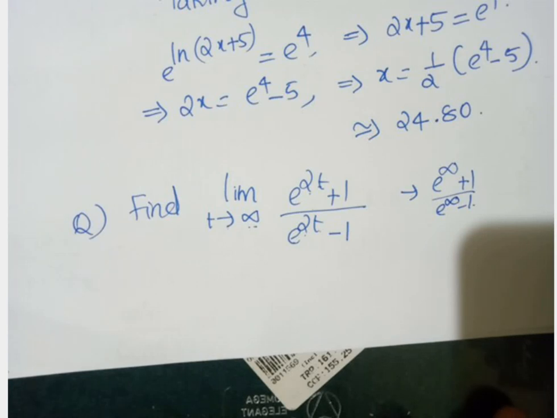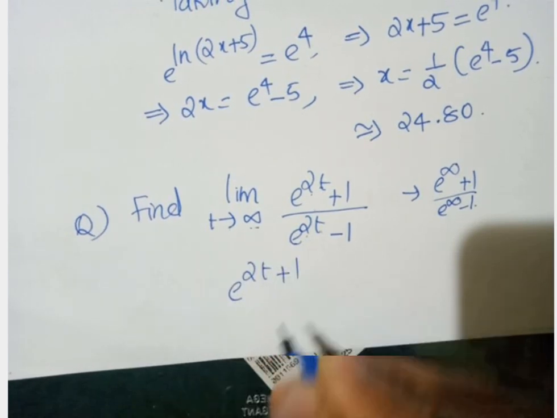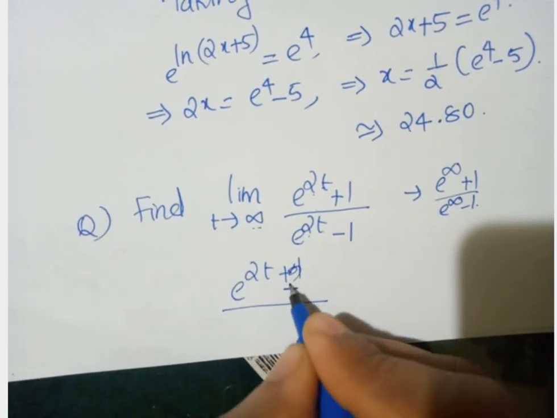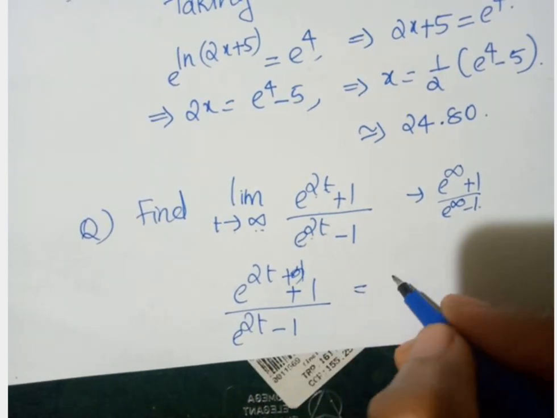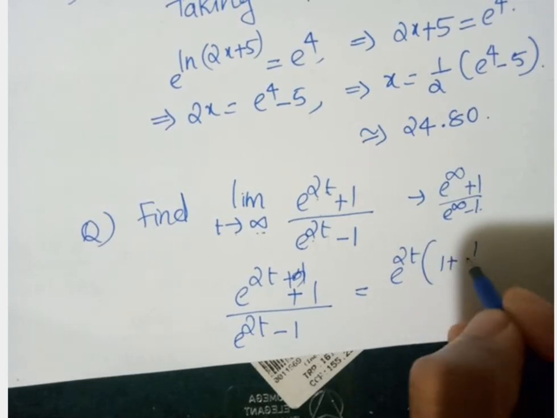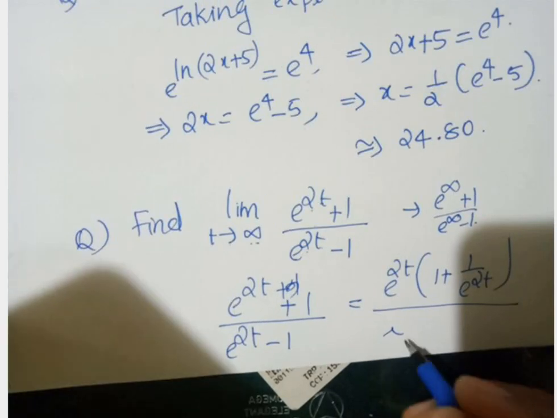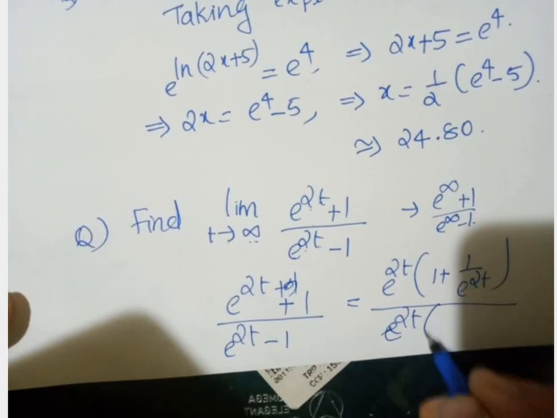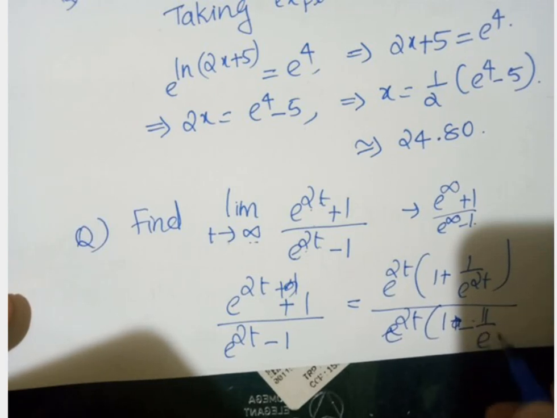So I'm writing (e raised to 2t plus 1) divided by (e raised to 2t minus 1) by taking e raised to 2t outside: in the numerator, e raised to 2t times (1 plus 1 by e raised to 2t), and in the denominator, e raised to 2t times (1 minus 1 by e raised to 2t).